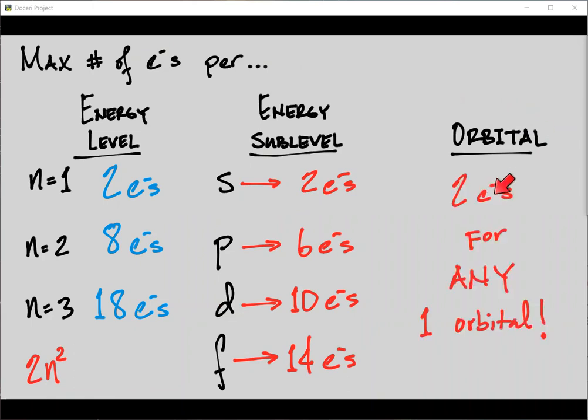It's 2 electrons for any one orbital. So if you have one s orbital, that can hold a maximum of 2 electrons. If you have a p orbital, 2 electrons. Same thing with d or f. All right, so don't get the orbitals and sublevels confused.